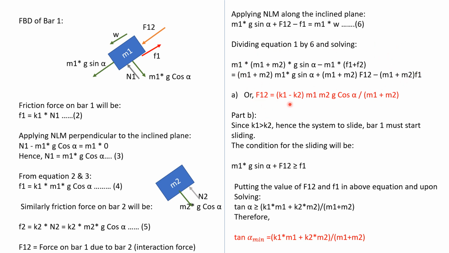So F12 will come as (K1 minus K2) m1 m2 g cos alpha divided by (m1 plus m2). So this will be the answer for part A.